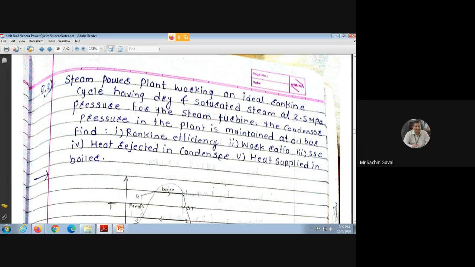Okay, 12. Yes, sir. 12, you are 12 or 13? 13, Rahul Khadke present. 14.